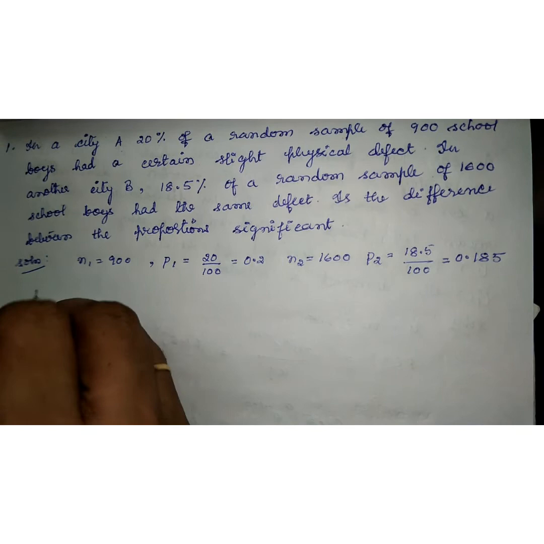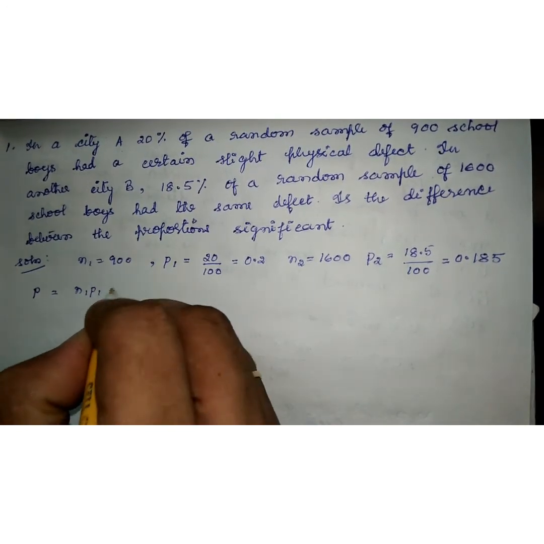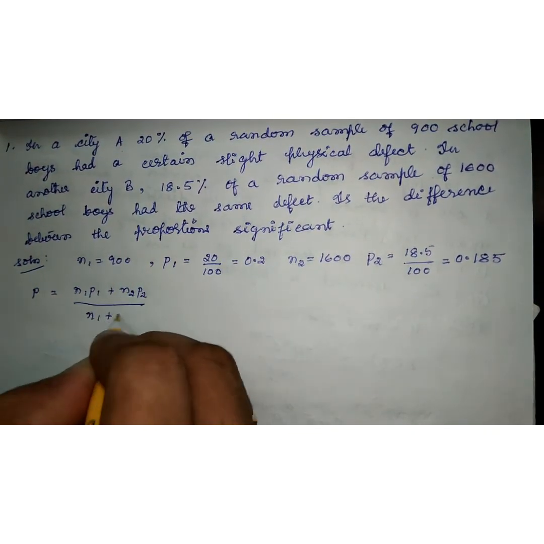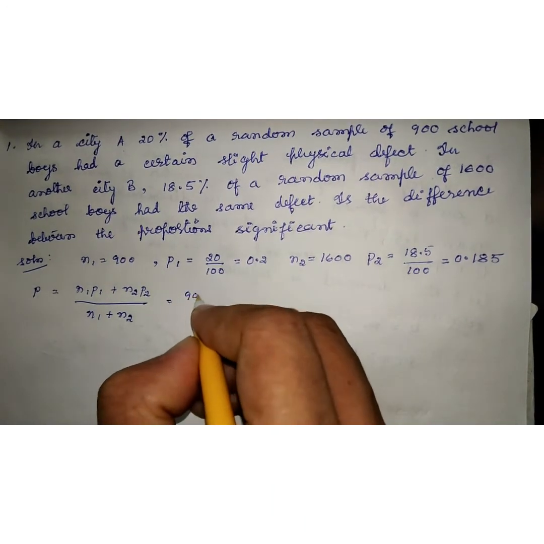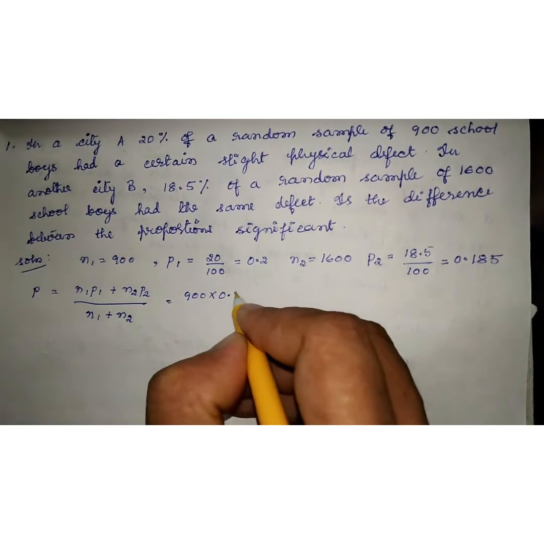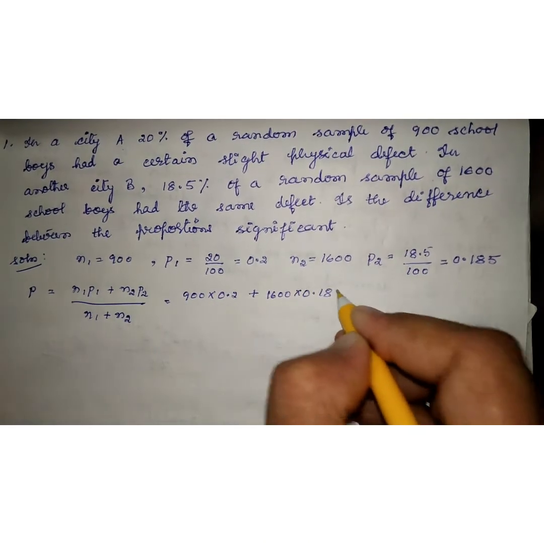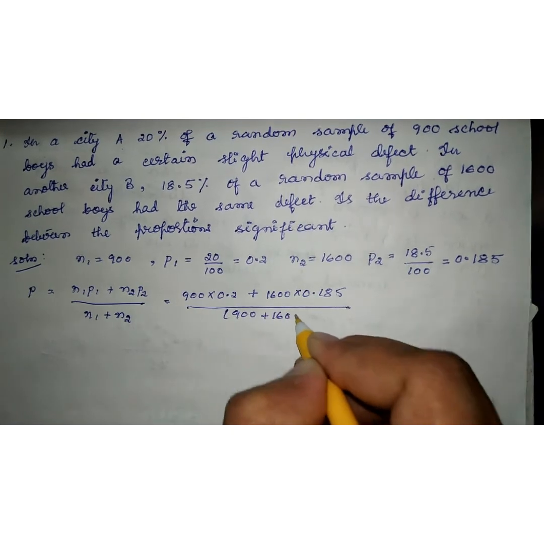Now let us find P, the formula is (n1 p1 plus n2 p2) divided by (n1 plus n2). Substituting the values, it is 900 into 0.2 plus 1600 into 0.185 divided by 900 plus 1600.